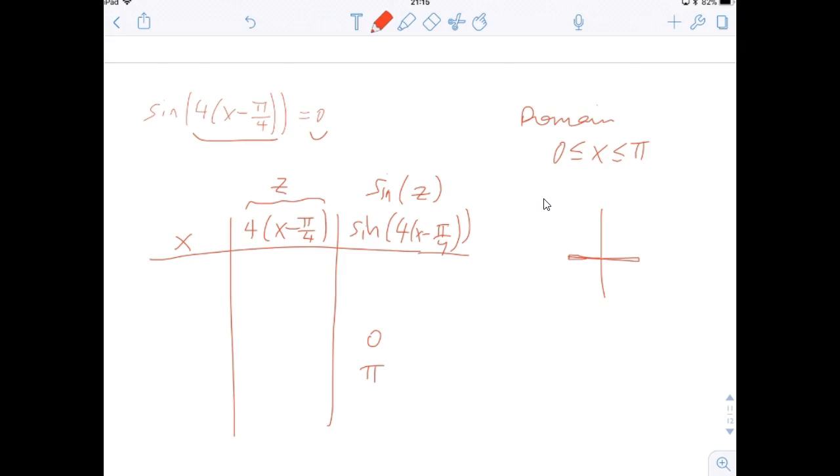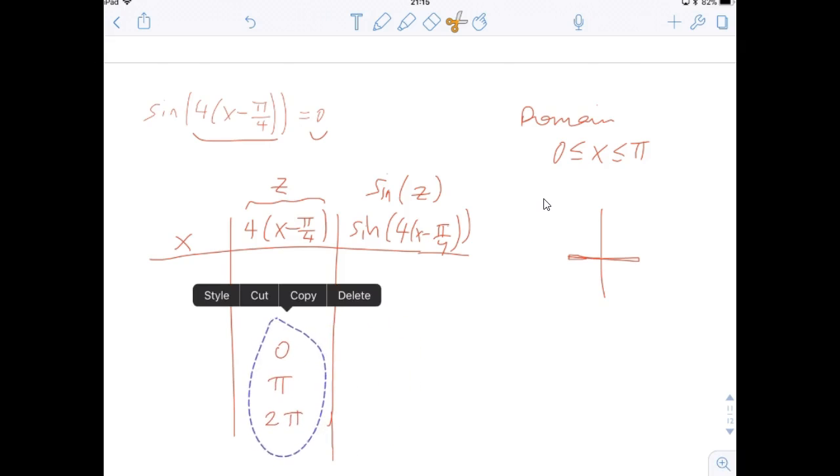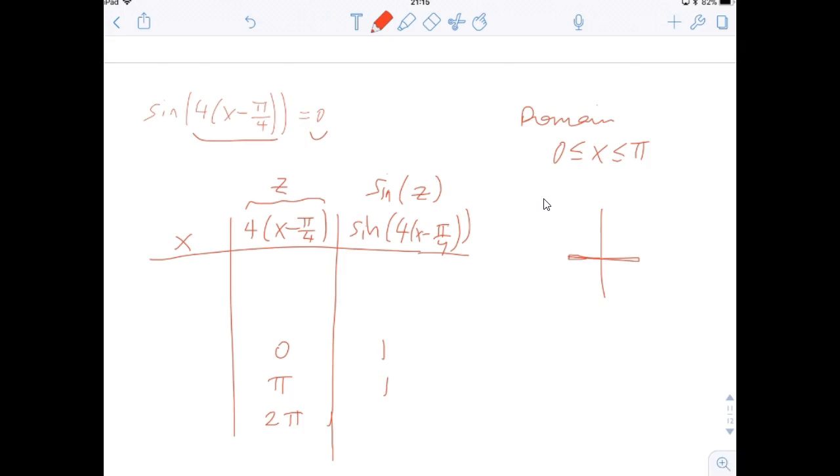And we could also say 2 pi because 2 pi is the same thing as 0. So those are the 3 angles which, oops, I'm sorry, I wrote them in the wrong place. We want to put them here, right? These are the angles z which result in sines of 0.